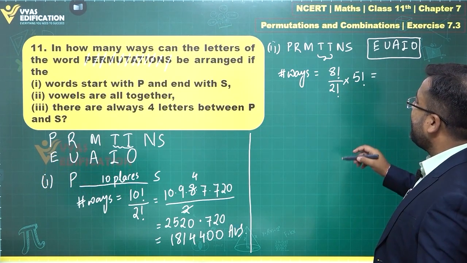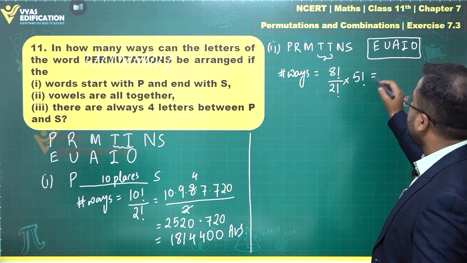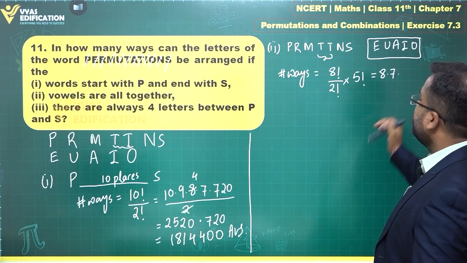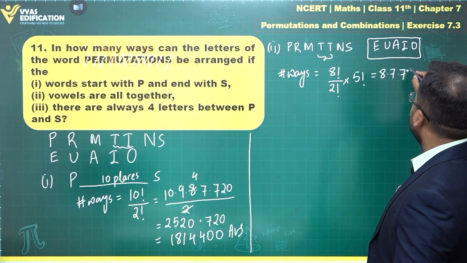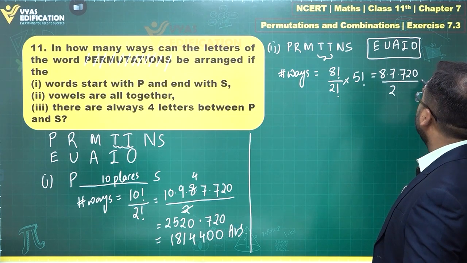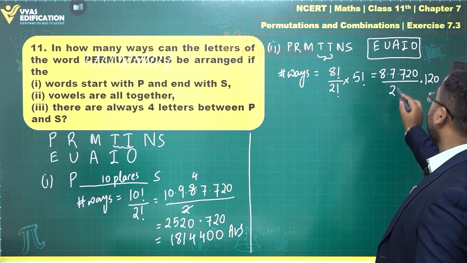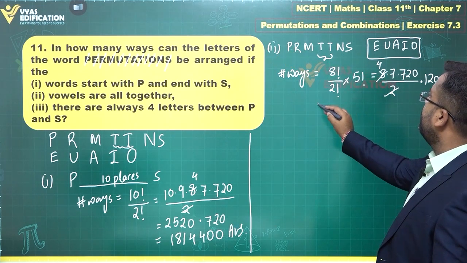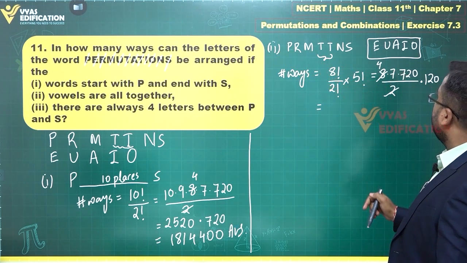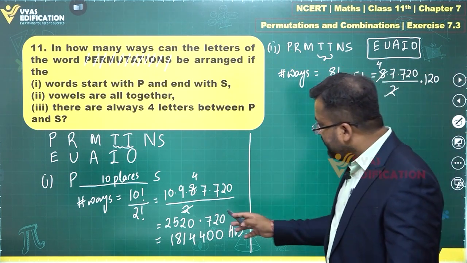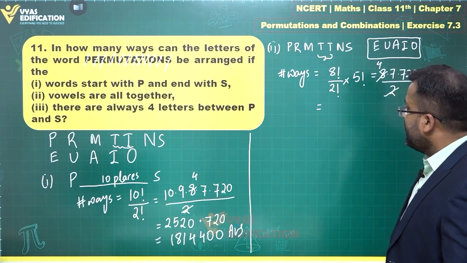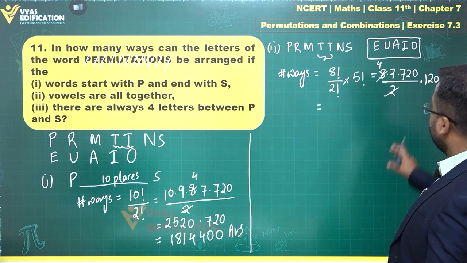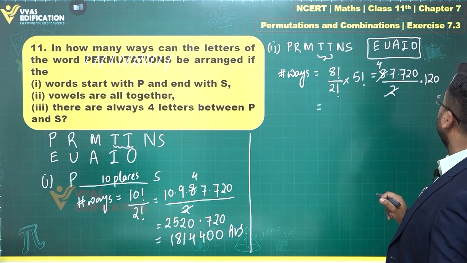So what is this? 8 factorial times 5 factorial divided by 2 factorial. 8 times 7 times 6 factorial is 720. So this is 720 divided by 2, and 5 factorial is 120. This is what we have. Let's say this is 4. This is 28 times 72. Oh, 28 times 72, did we multiply that? No, we multiplied 9 as well over there. But 28 times 72 times 12 is what we have over here.